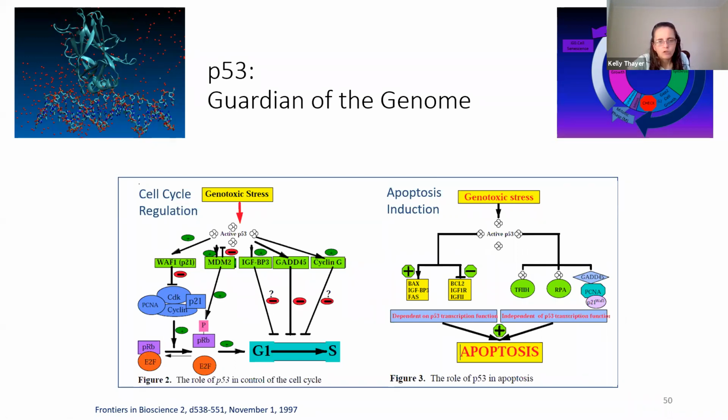If bad cells do not get stopped, then we could pass on bad genetics, and so then we might have lots of cells that are unchecked in their growth and are not differentiating into anything particular, and that is a tumor.